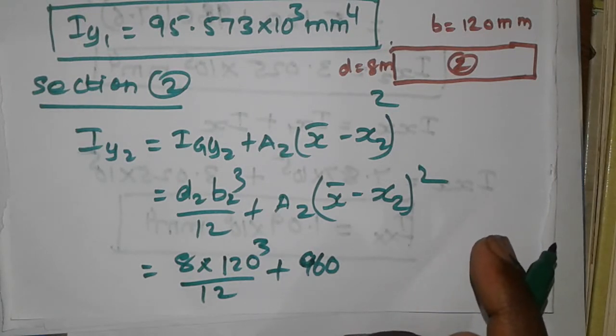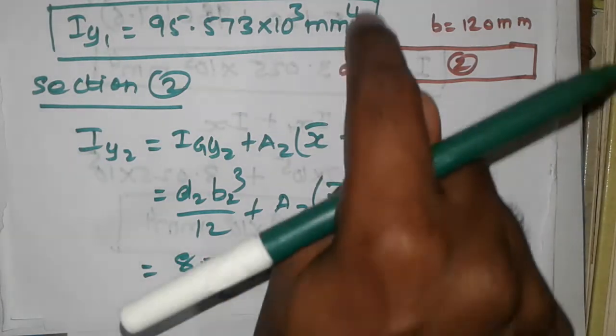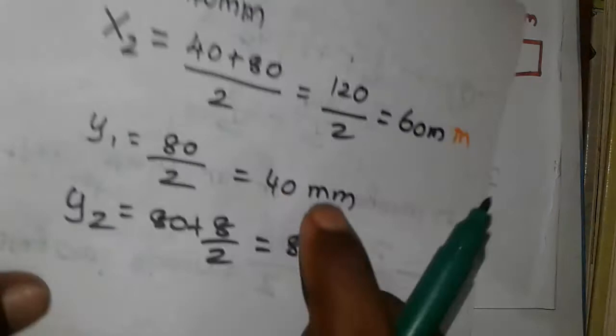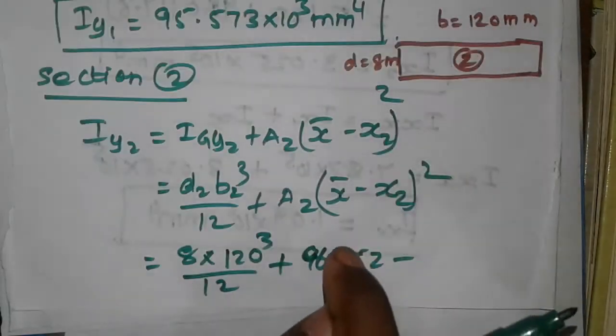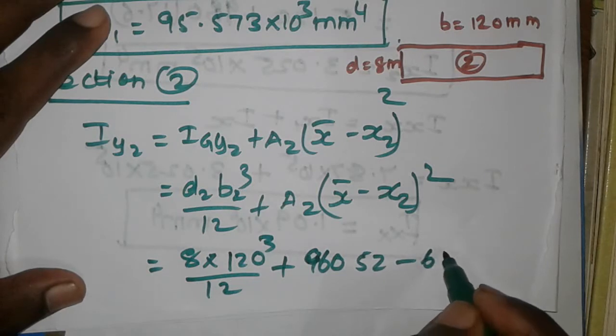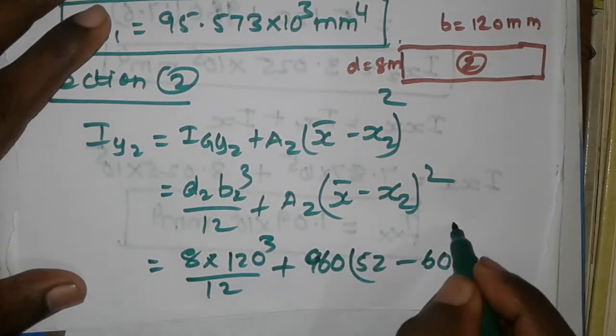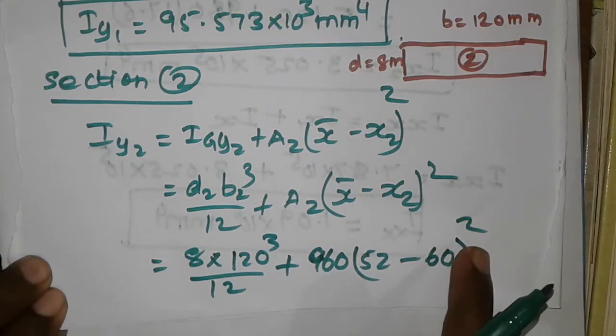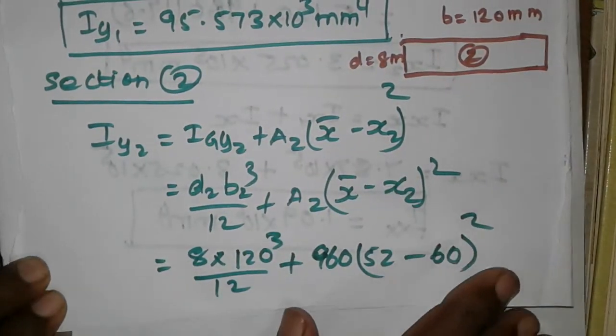This one x bar is 52. X2 is 60. When you subtract this, we will get a minus sign. Since we are having square, we can neglect that value. Okay.